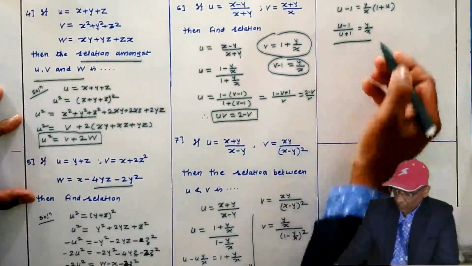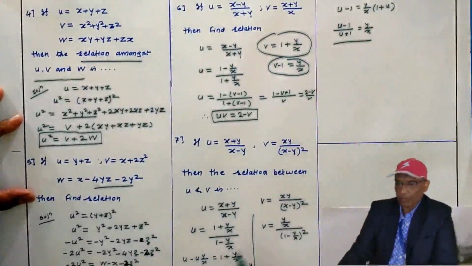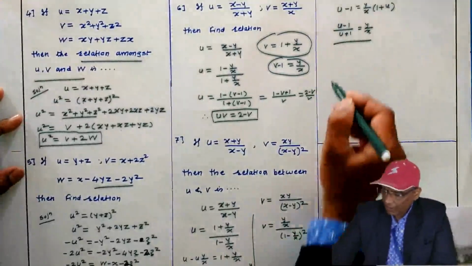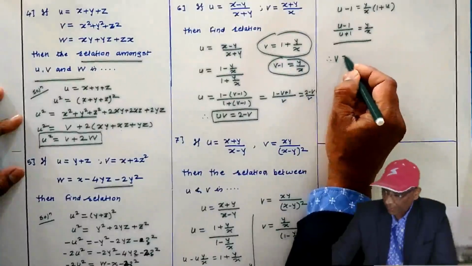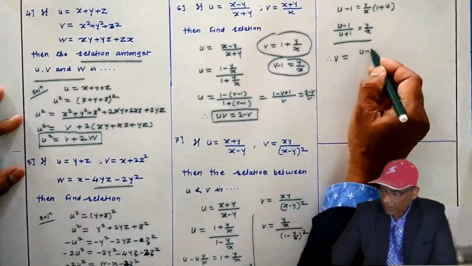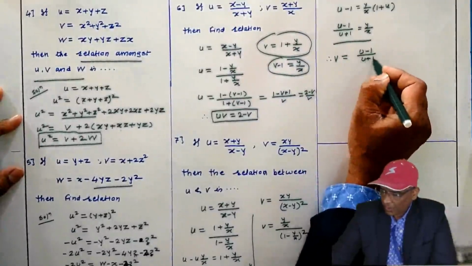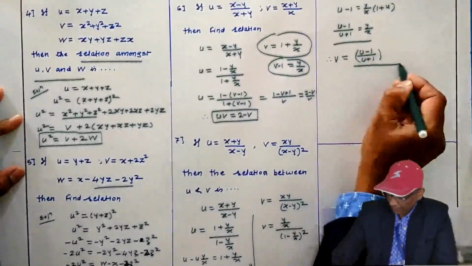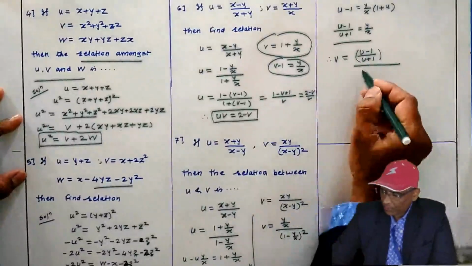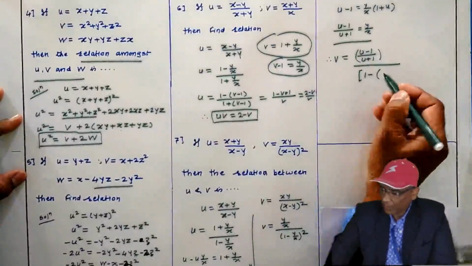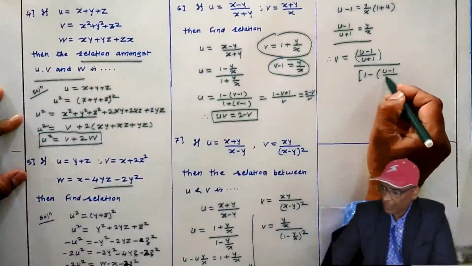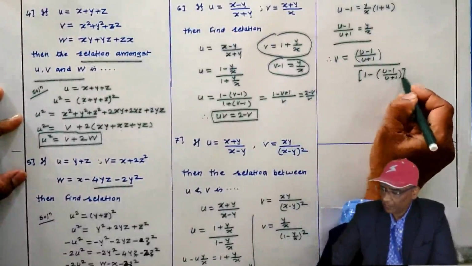Okay, so putting value of y by x here now, so what will happen? Therefore v equals y by x, this is the value of y by x, divided by 1 minus y by x whole square.